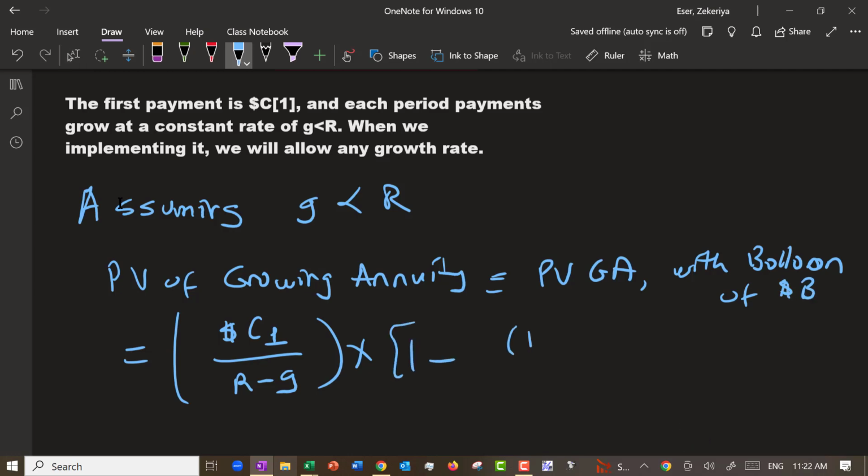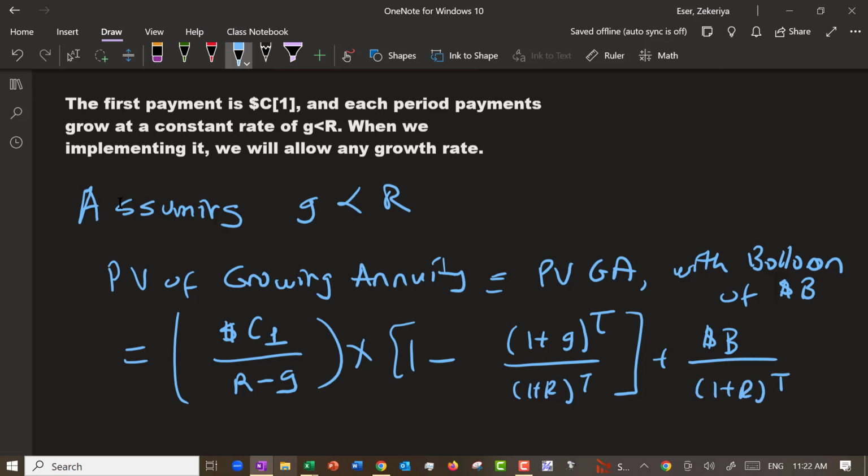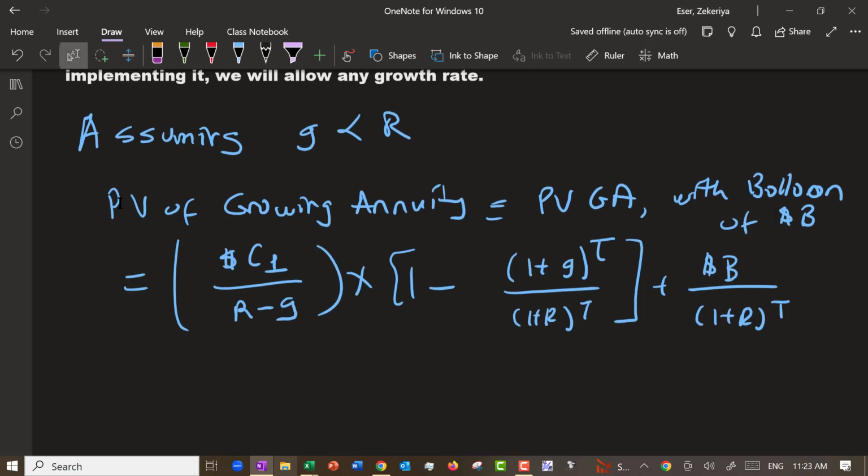One minus 1 plus G over... It is an ugly formula.